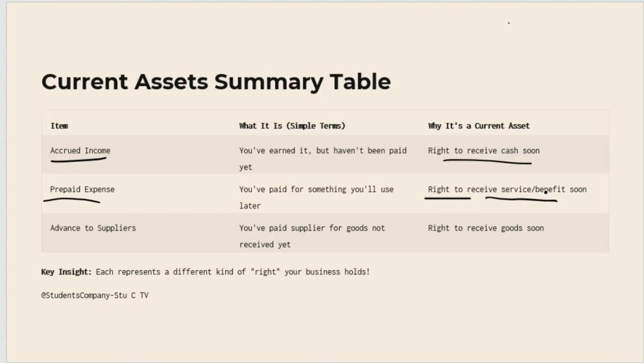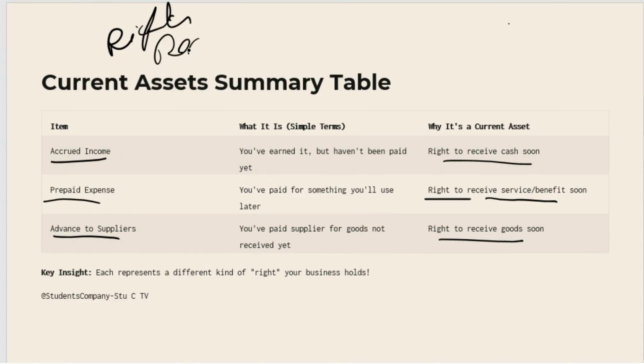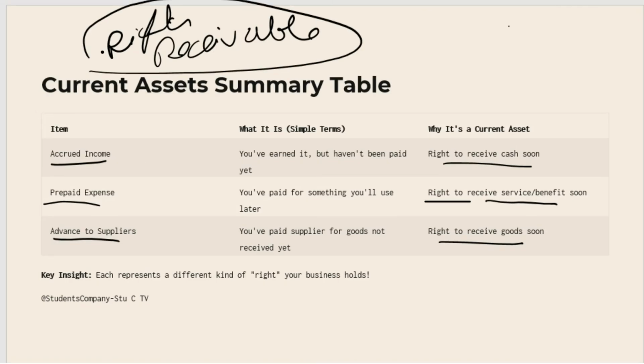Insurance premium is an example. Advance to suppliers, you have paid the supplier, you will now have a right to receive goods. So the keywords are rights, receivable. If you see these kinds of meanings attached to your item, then it will be classified under current assets.